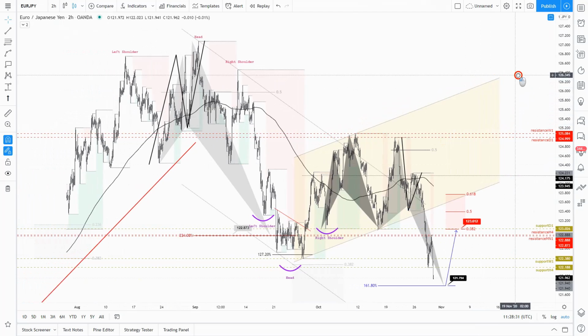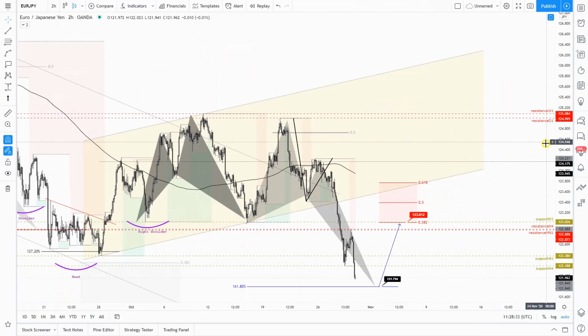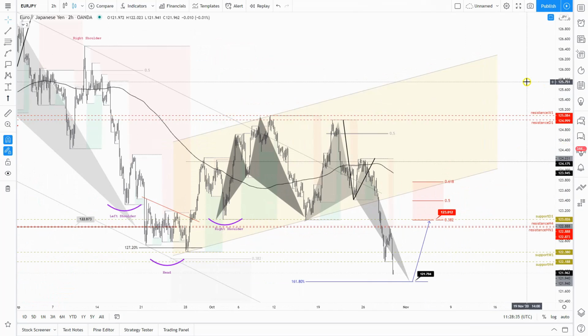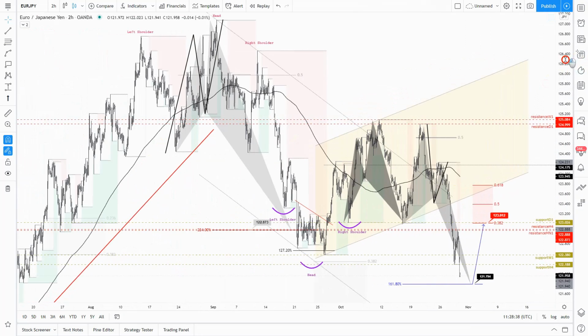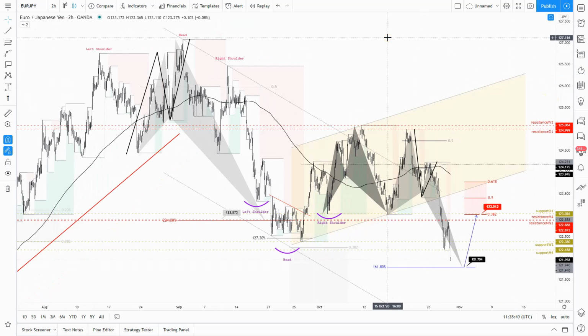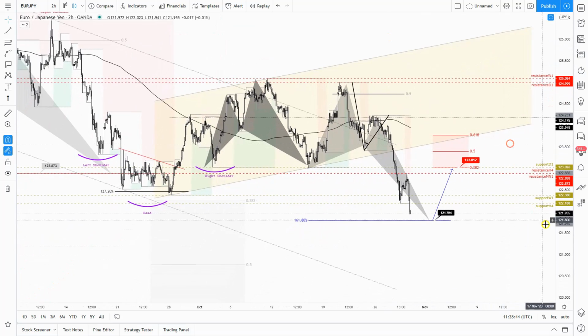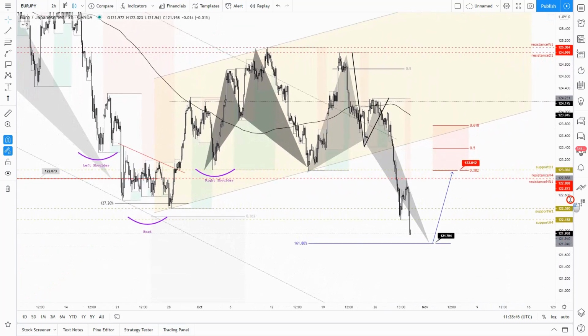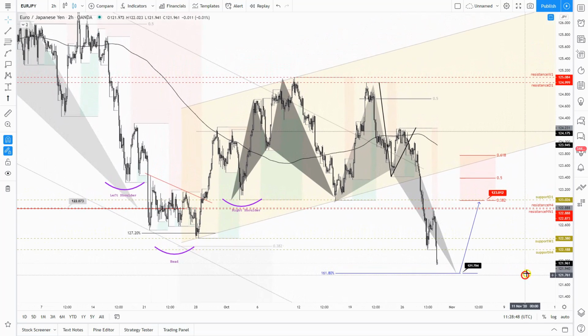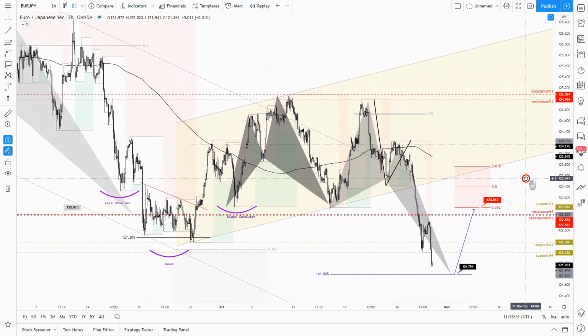Well, euro versus the yen, much more constructive at this point. Actually, we have a few patterns printed before, and we are now approaching the 161.8 extension, golden Fibonacci extension level, the bullish crab pattern.